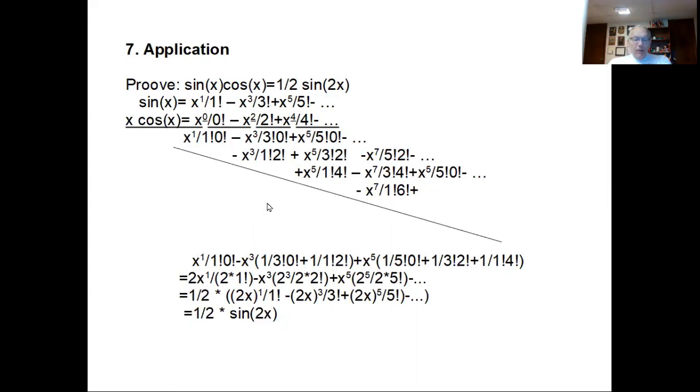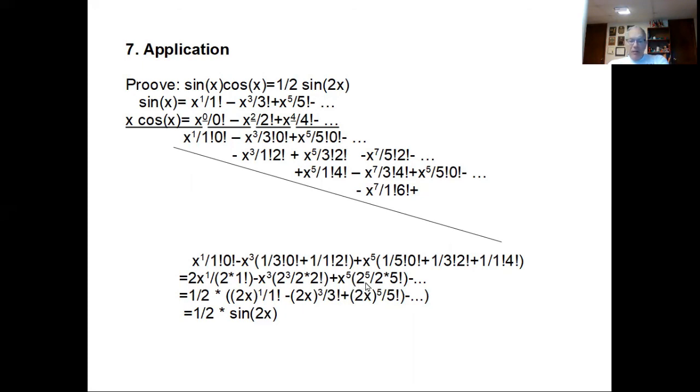And so now, the coefficients of x cubed are going to be reduced to 2 to the cube divided by 2 times 2 factorial. And 5 is going to be the same thing. If we then see the cubes, we can make this 2x cubed. So now we're just left with the 3 factorial. I made a mistake here.